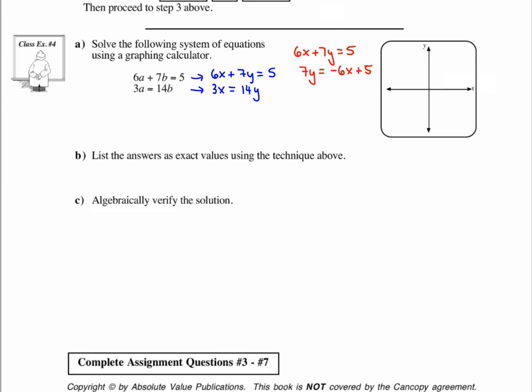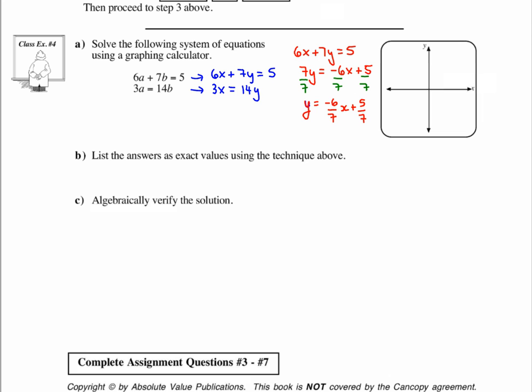Then, divide everything by 7. Y equals negative 6 over 7x plus 5 over 7. So that's one equation. That's ready to go in.